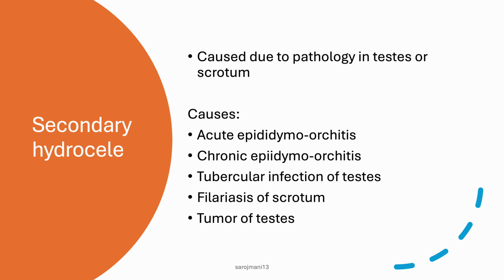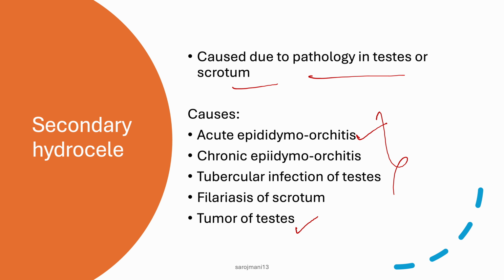So the secondary hydrocele is caused due to pathology in testis or scrotum. As we already talked about primary hydrocele and secondary hydrocele, in the primary hydrocele the causes are idiopathic, but in the secondary hydrocele there are other causes. The hydrocele occurs due to some other disease. For example, here it is given: acute epididymo-orchitis, the inflammation of epididymis and testes; chronic epididymo-orchitis; tubercular infection of testis, tuberculosis; filariasis of scrotum; tumors of testis.